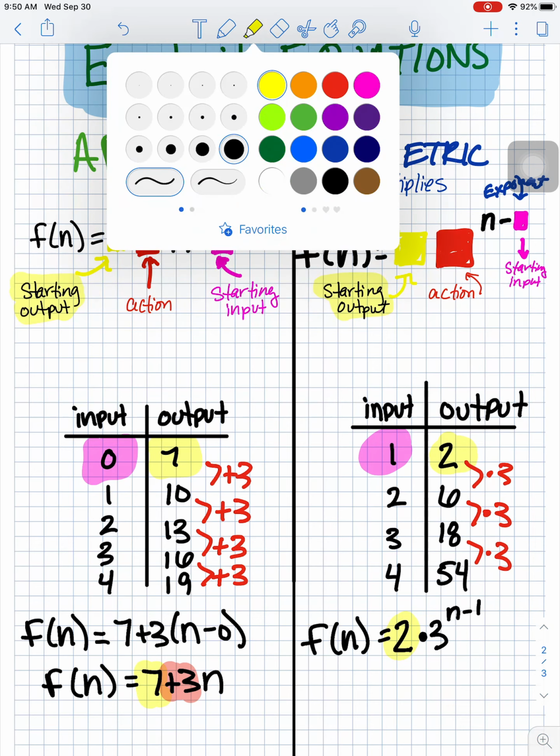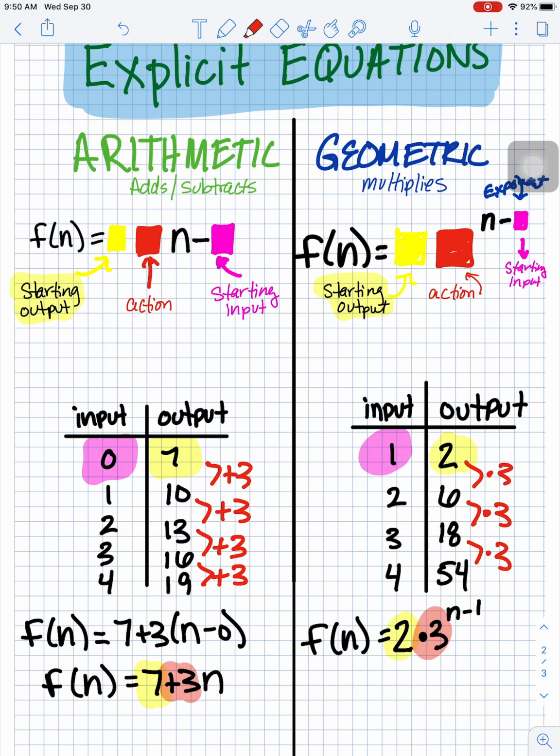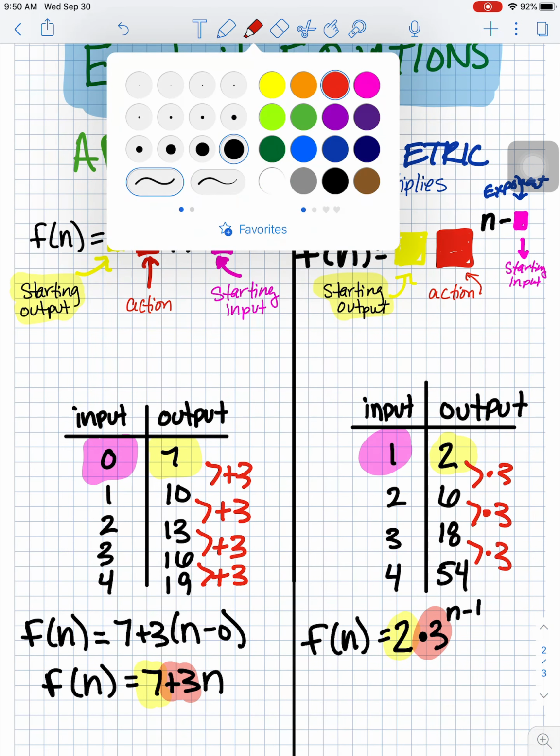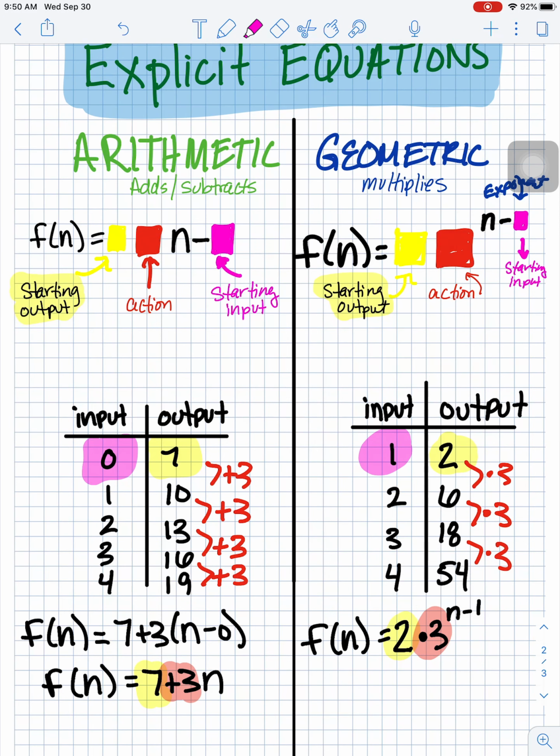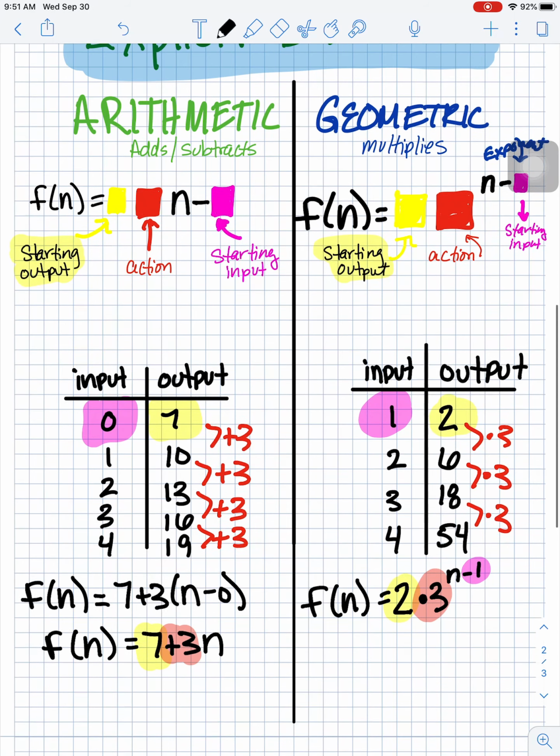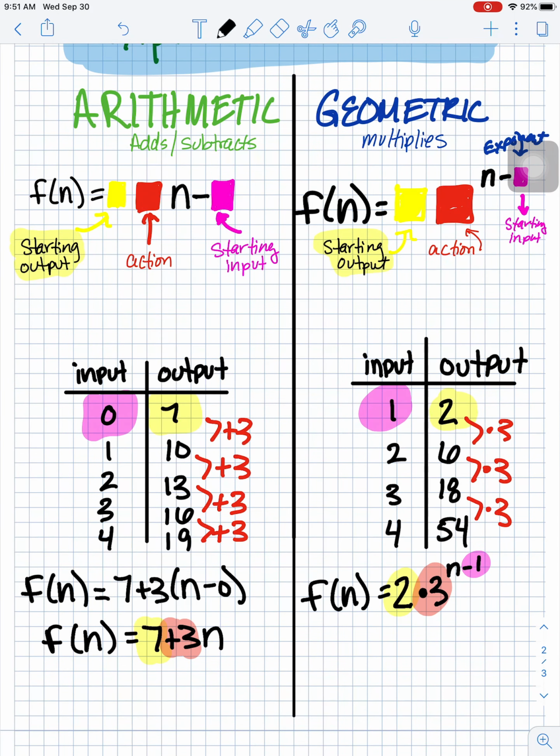2 was my starting output, times 3 was my action, and this problem has a minus 1 in it because if I wrote this out in the annoying recursive pattern, let's look at this row, 4 and 54.